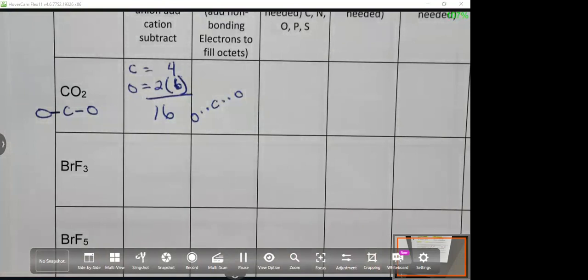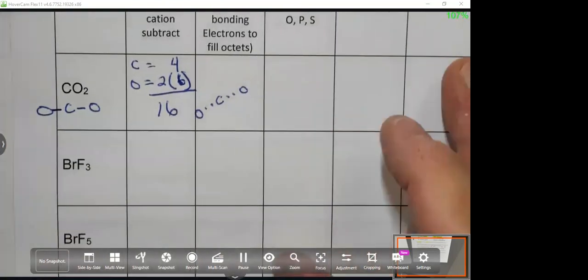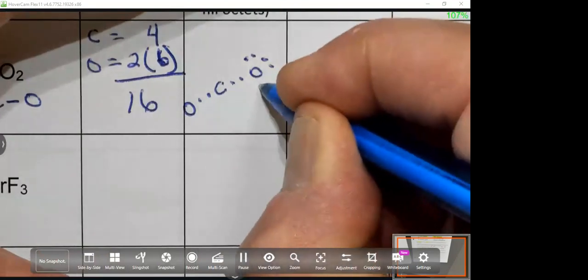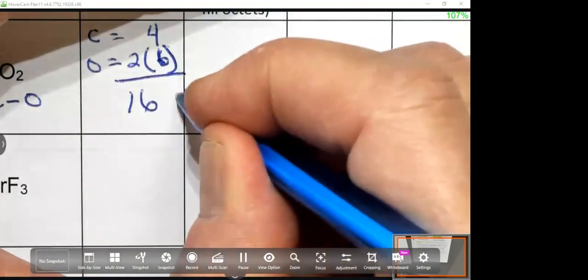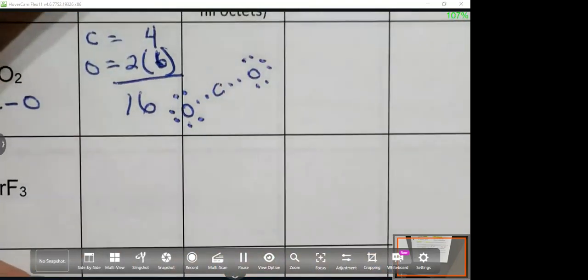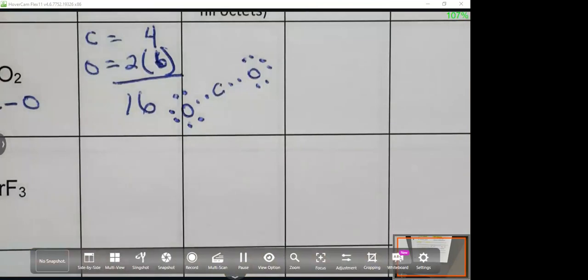What's step 4? Place lone pairs of electrons about each terminal atom to complete their octets. Just put 8 around the outside atoms, the terminal atoms.